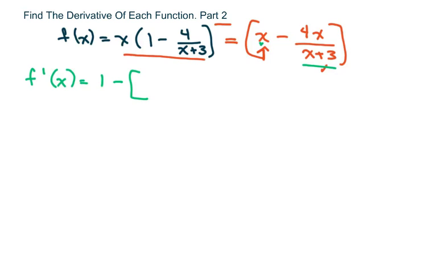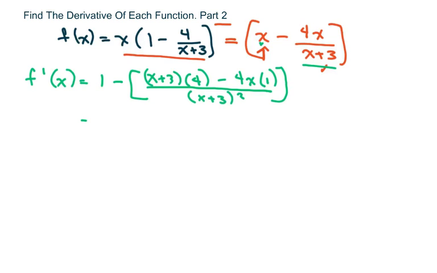So that's going to be, you take your denominator and then take the derivative of your numerator, which is just 4, and then you subtract your numerator times the derivative of your denominator, and that's all over x plus 3 squared. You have to square the denominator.